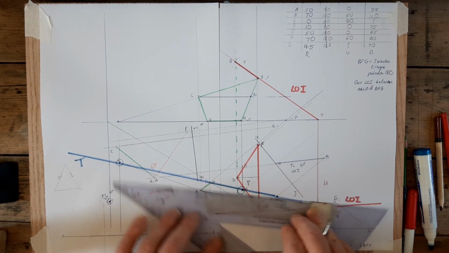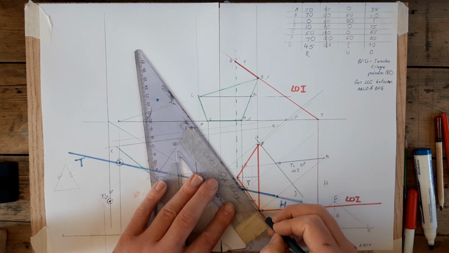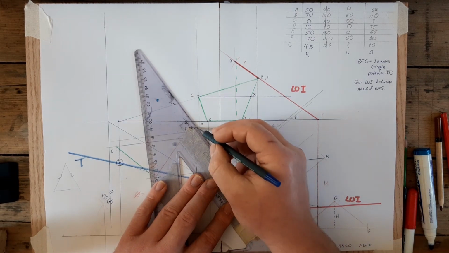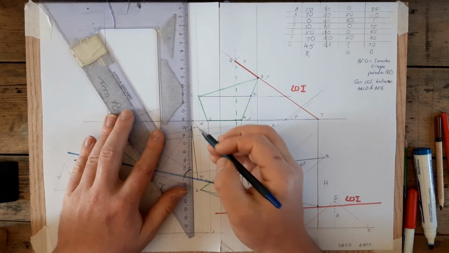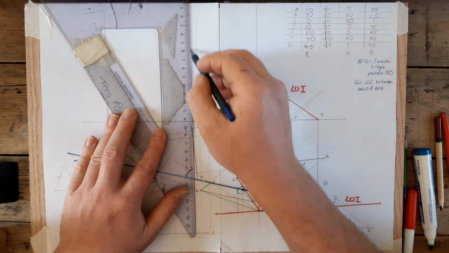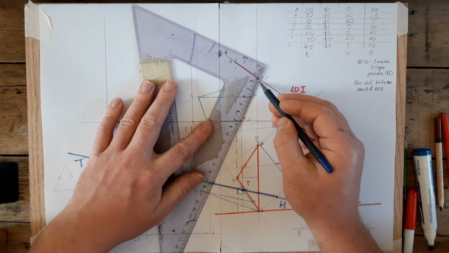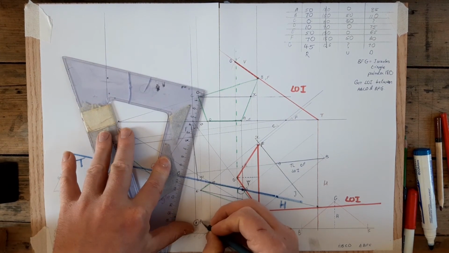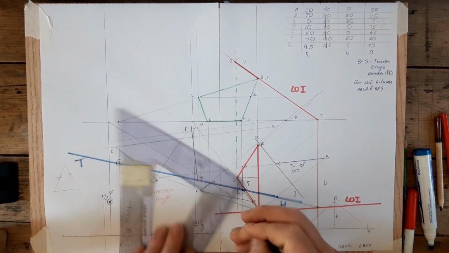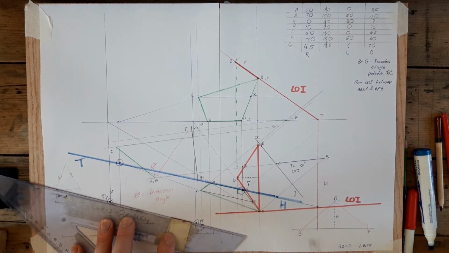We'll go D through B, I've done. We'll do B through A. So B through A hits the XY here. Gonna go straight down. B through A, it's gonna come way down the page. But there it is there. That's another point on the VT.